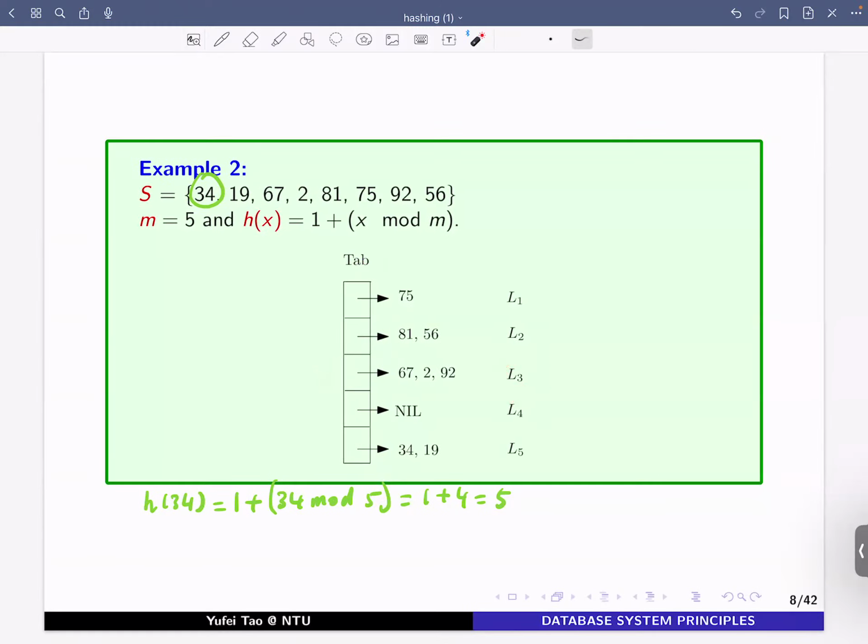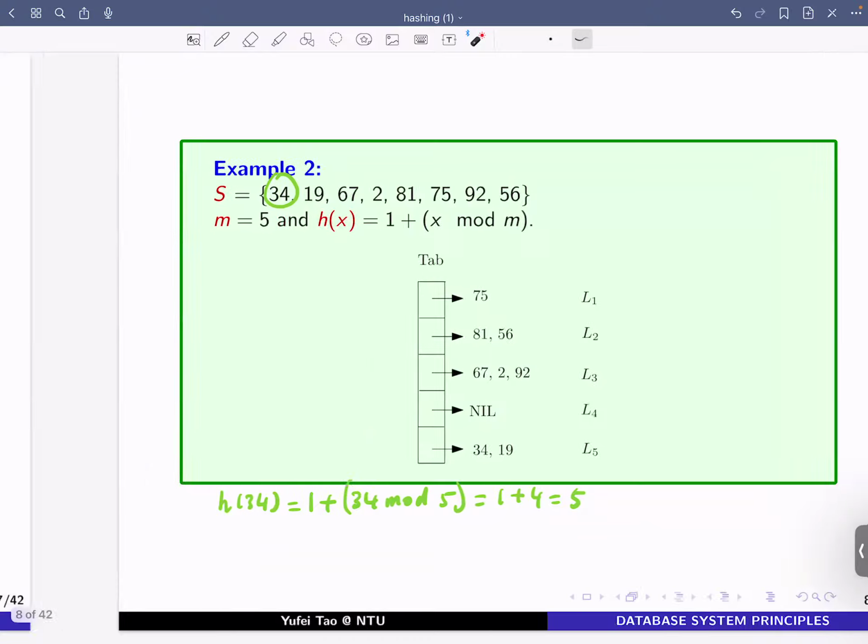So this is the third cell, number 3, and this is bucket number 3. You can see this is true for every single bucket. Nice. I hope you have got some clear ideas about the hash structure.